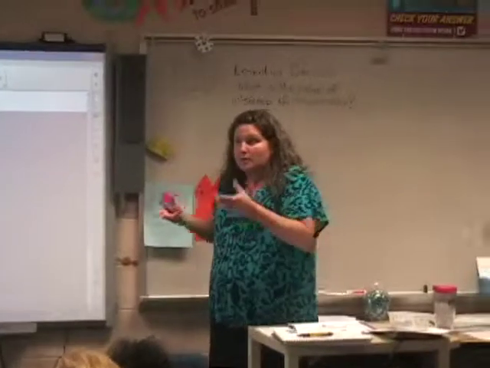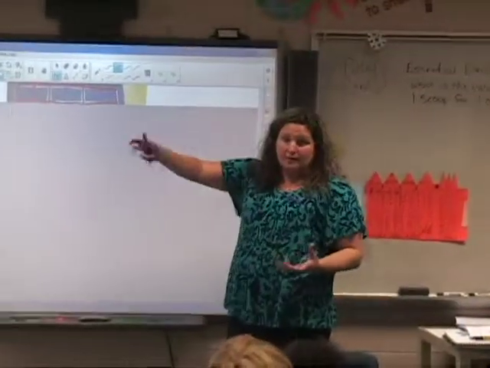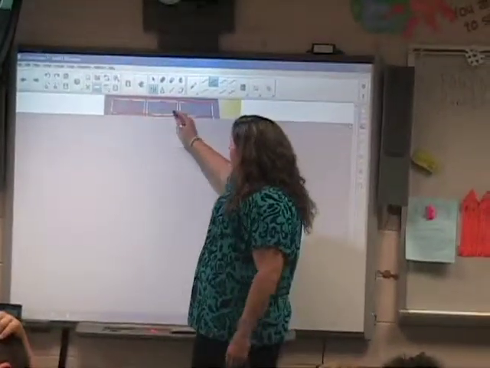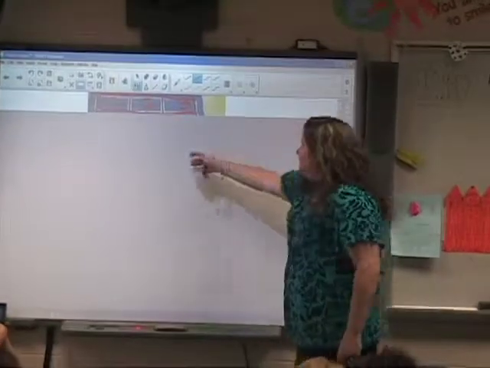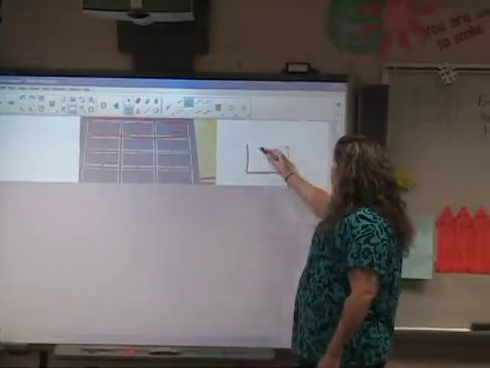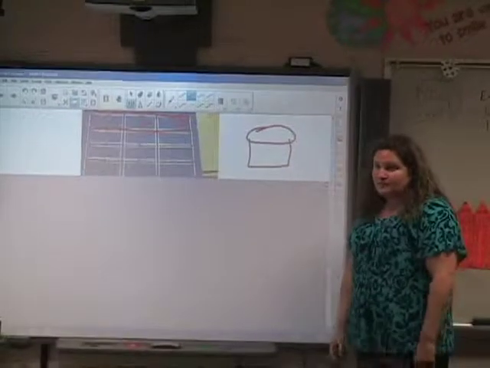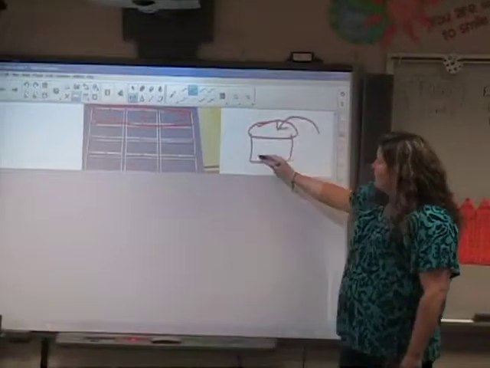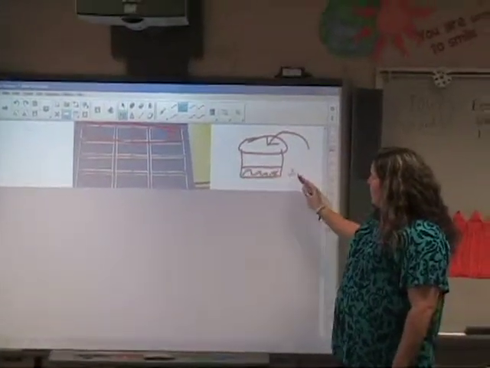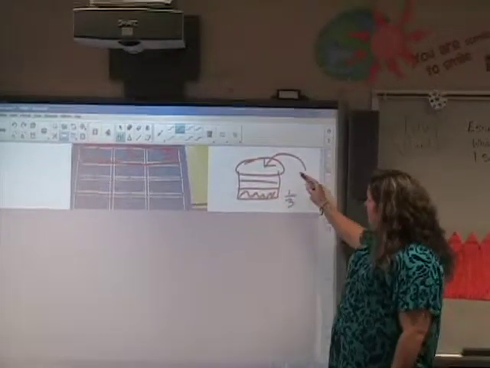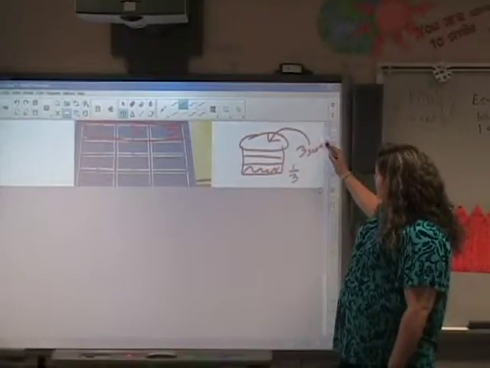How many scoops would it take to fill that cup of flour? 1 scoop, 2 scoops, 3 scoops. This is just like your little container here, right? Right. And when you poured in that scoop, it filled in 1/3. So it would take 3 scoops to fill it up.